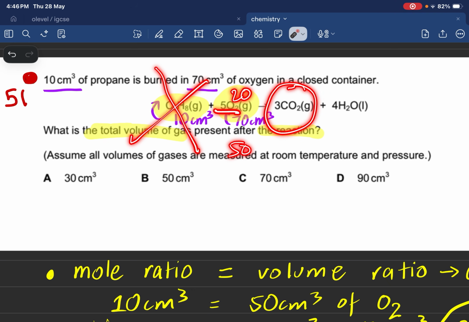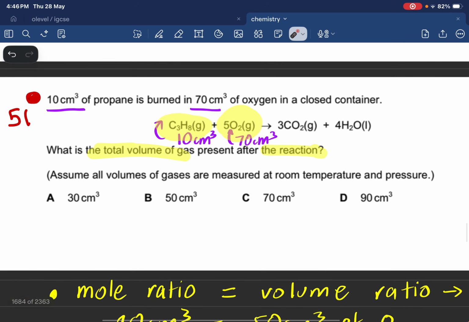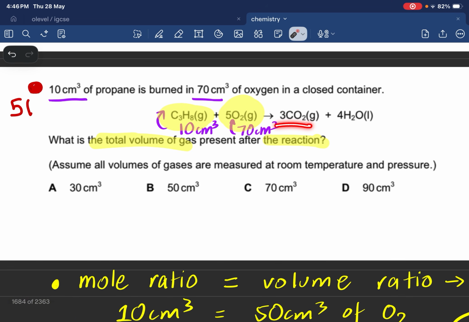And then we have a third gas in the reaction, that is carbon dioxide. If the mole ratio equals the gas ratio, we have 10 cm cube of this, we've used 50 cm cube of this, that means there's a 3 here. So we are forming 30 cm cube of carbon dioxide gas.